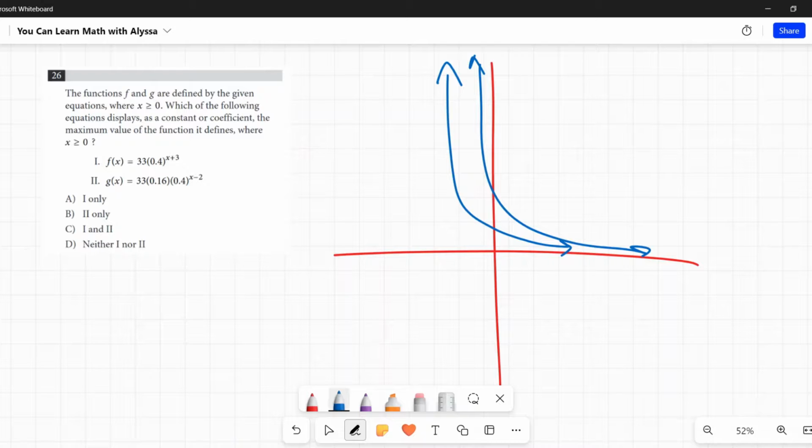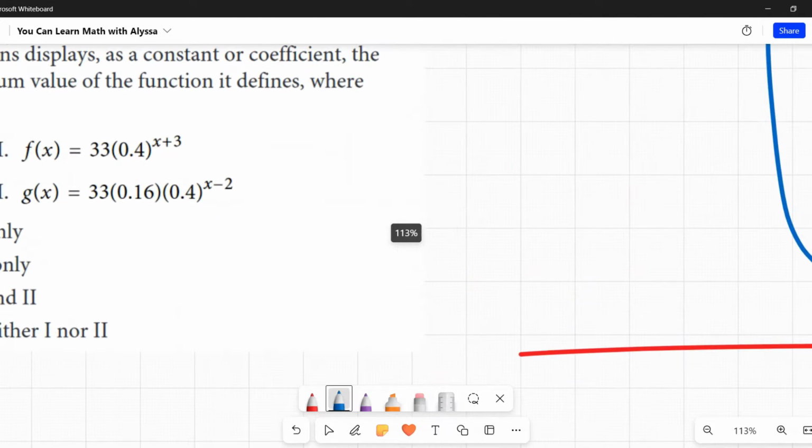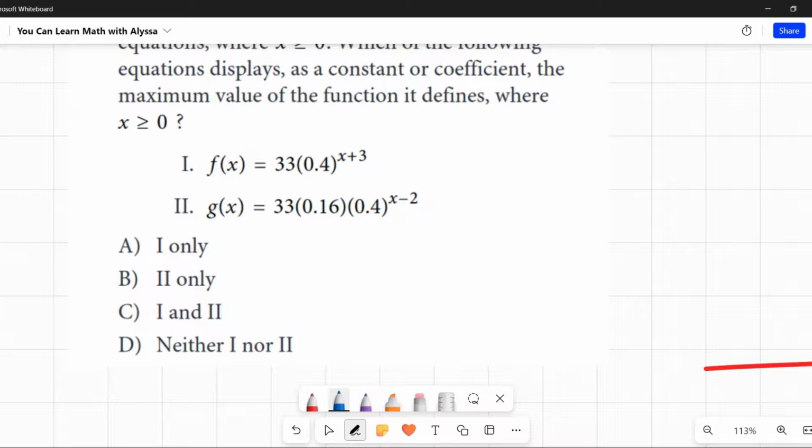So once you see this in the graphing calculator, you put both of these in and be very careful. This is one little tip I'm going to give you. Be very careful when you're inputting things into a graphing calculator to make sure that it fully understands that, say, this x plus 3 attaches only to the 0.4. I don't know whether you're going to be using your own graphing calculator or Desmos.